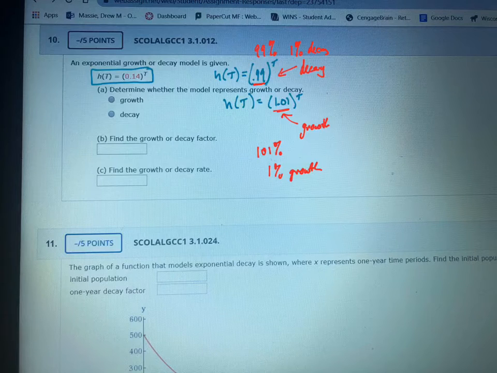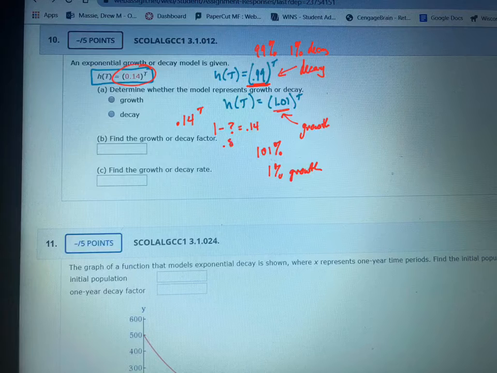So what does this number represent? What does 0.14 to the t represent? Yeah, that's a decay because it's smaller than 1, right? And if you do 1 minus what equals 0.14, what's the number that you subtracted from 1 to get 0.14?